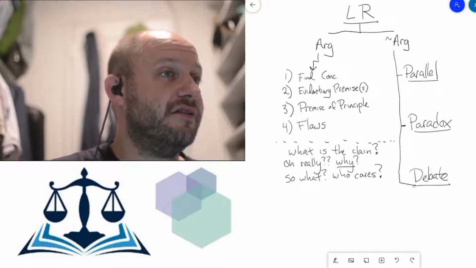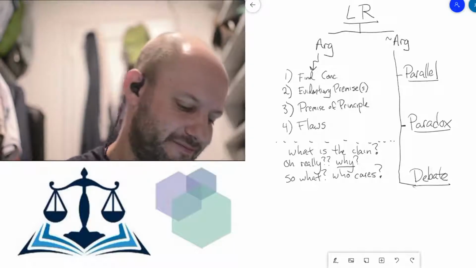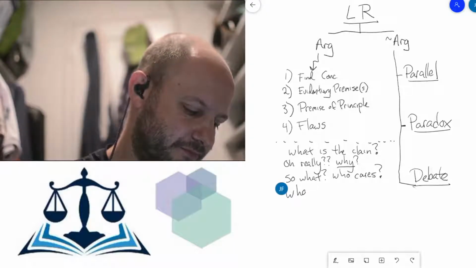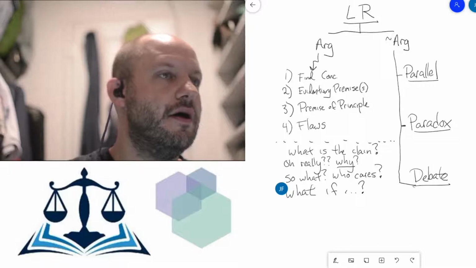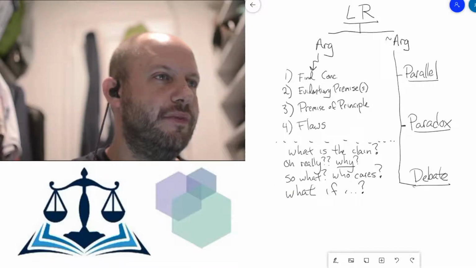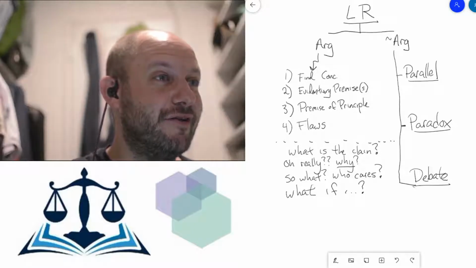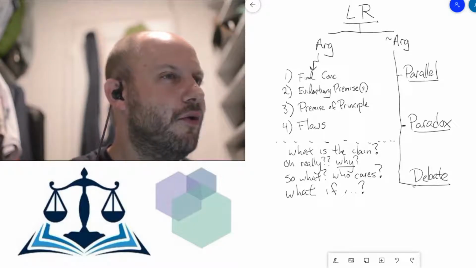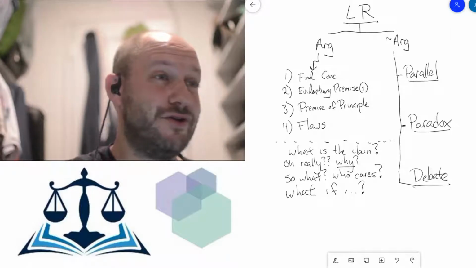We find our flaws like this: okay, well, we've heard our principle, but what if there are no ice cream shops open because there's a pandemic and you're not allowed to buy any ice cream? What if I'm lactose intolerant, so we shouldn't get ice cream because I'll be much worse off?